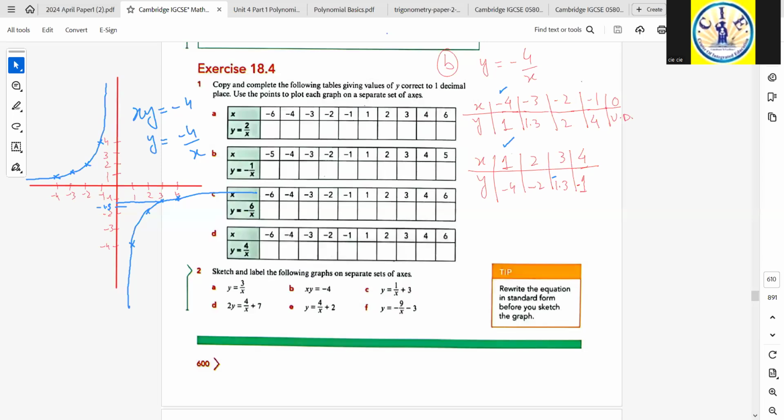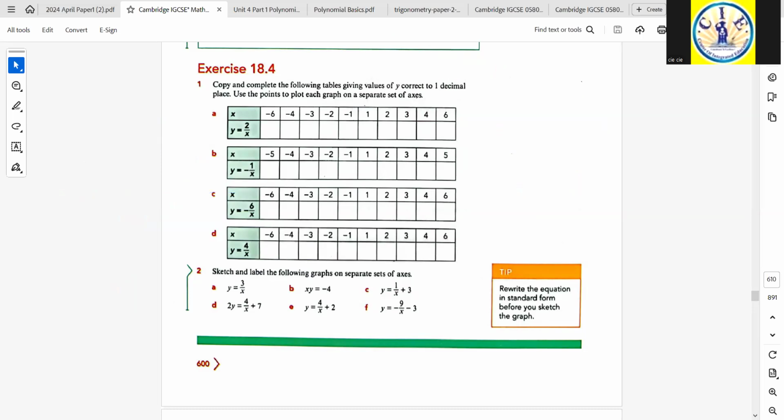Now we proceed towards the next part. Let it be part D. The value of y can be written as 4 divided by 2x plus 7 divided by 2. So we have shifted this 2 on the right side.